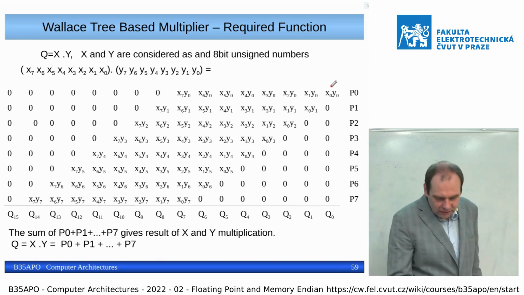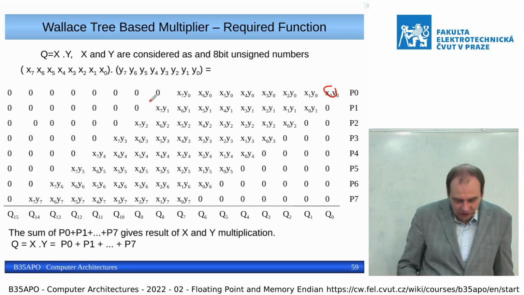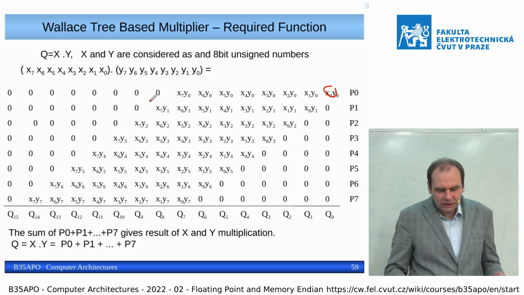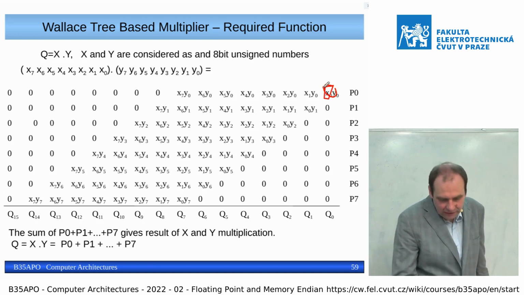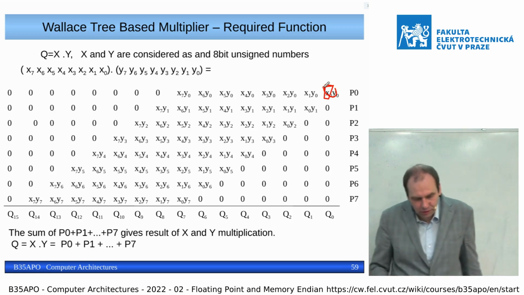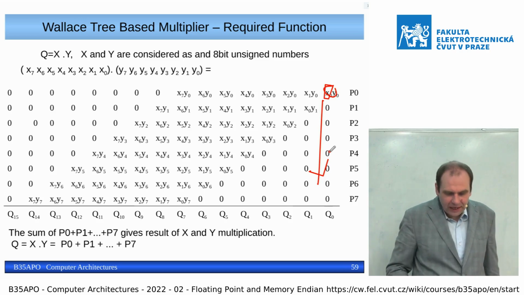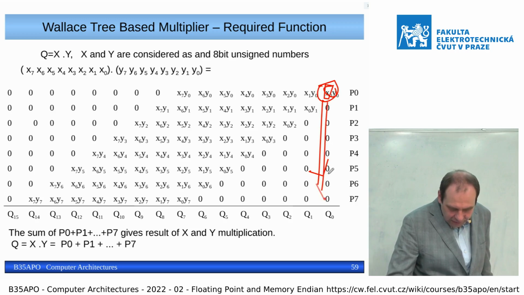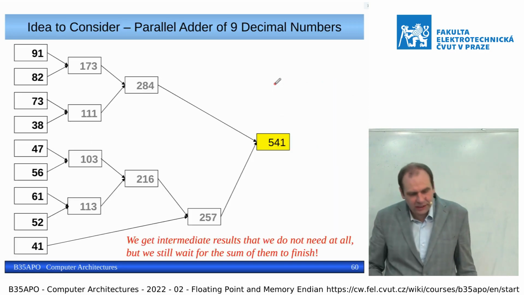We can look at the multiplier as a series of logical expressions, because all our multiplication is in fact multiplication of two 1-bit digits, and it provides a 1 or 0, so it is easy. But we need to provide that complex sum, and it is quite complex. In this case, it is easy. This least significant bit is already the result, but there we need to add together 2, there we need to add together 3, and so on.